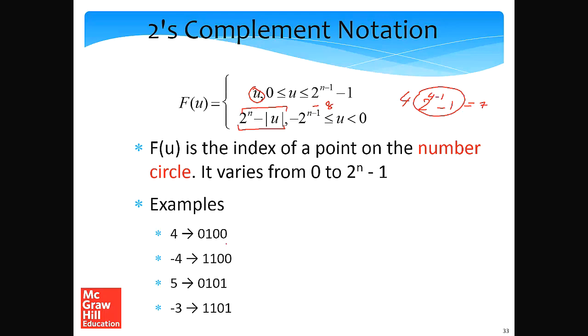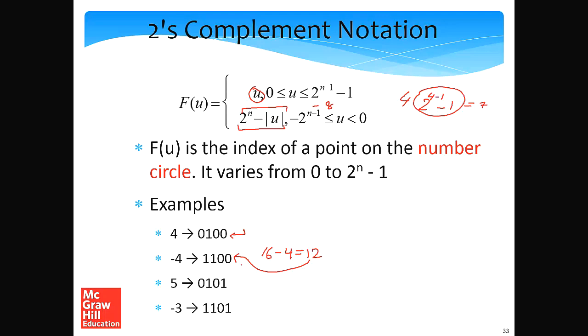Simple examples: for plus 4, what do we do? It's within the range of the number system, 0 to 7, so we represent this as 0, 1, 0, 0. For minus 4, the way we represent this is very simple. We just do 16 minus 4, which is 12. And this is exactly the representation of 12 in the binary system, which is 8 plus 4.